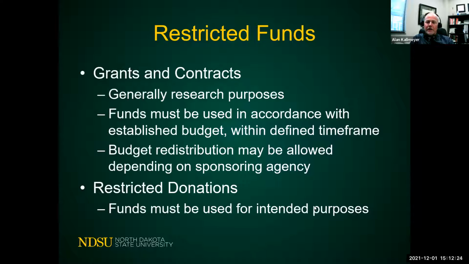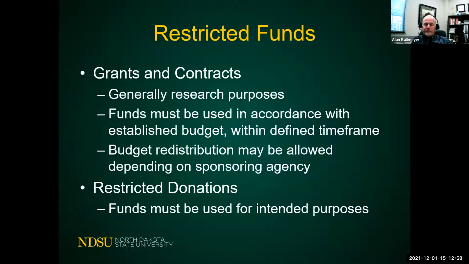In addition to grants and contracts, sometimes a department or a program might receive a donation directly from an alum or from a company, where they send you a check and say, hey, we want this money to be used in this way. For those types of donations, the preferred route is to run them through the foundation. Sometimes people don't want to do that. They know that the foundation is going to take their 5% and they don't want 5% to go anywhere else, and so they will send it directly to the department.